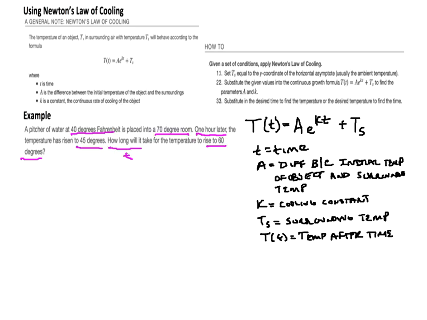Okay, so we're going to have to fill in this formula with specifics for our particular problem here. So here's what we do know. We know that at hour 0, the pitcher was 40 degrees Fahrenheit.